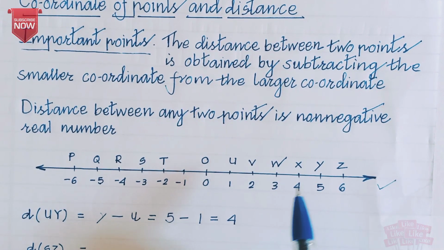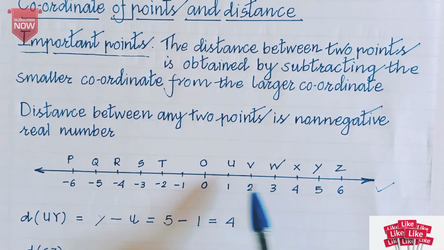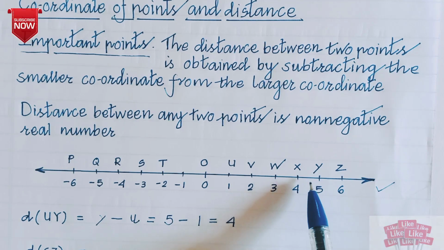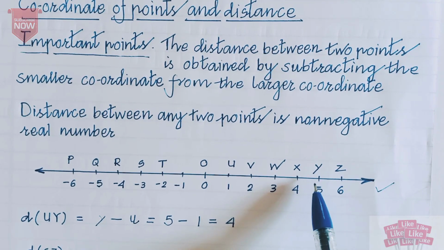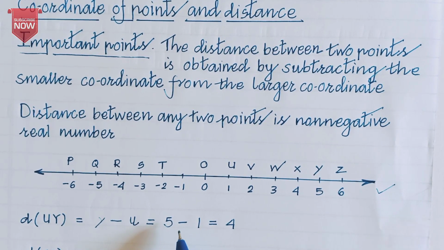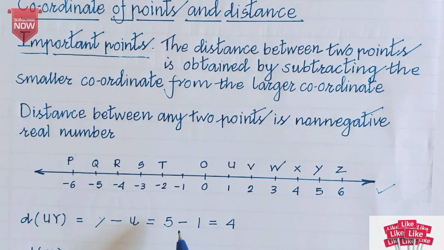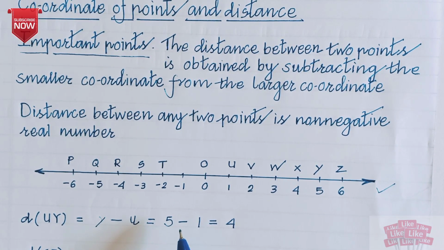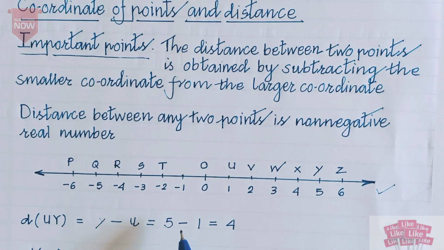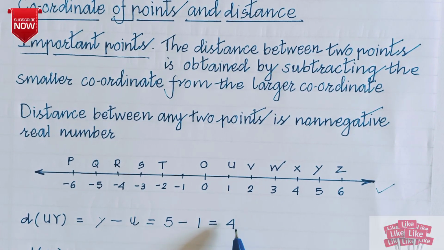What is its other meaning? Between U and Y you see here 1, 2, 3, 4, 4 spaces are there. So your answer here is 4. According to our rule, make a subtraction of the smaller number from the larger number. We are making the subtraction here, it is 4.